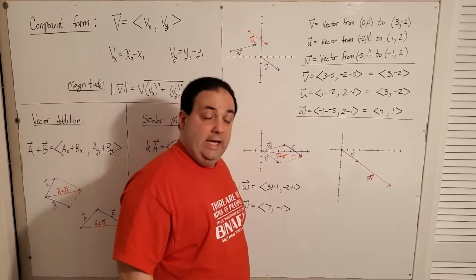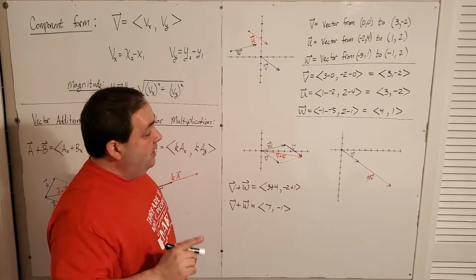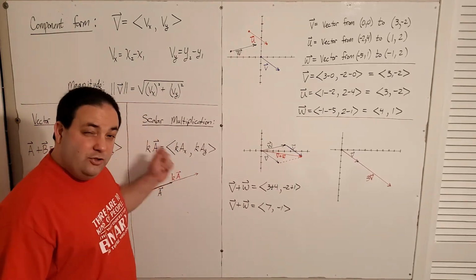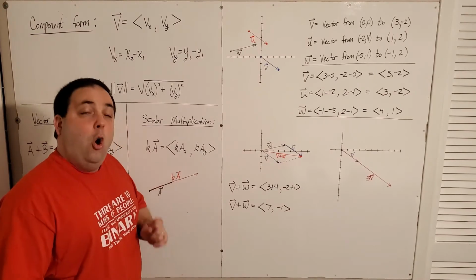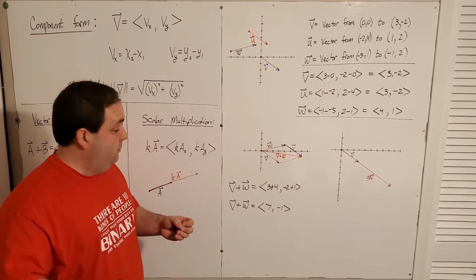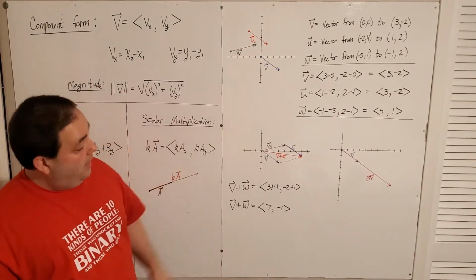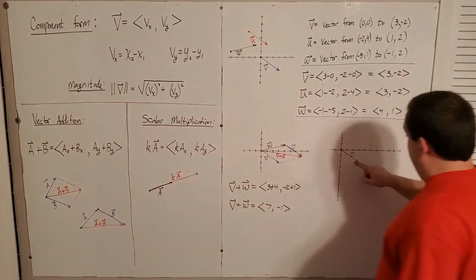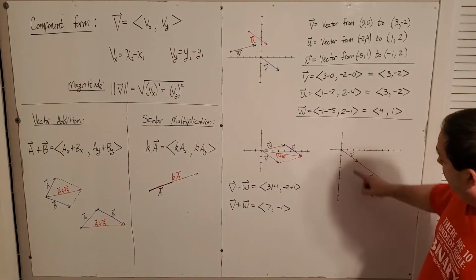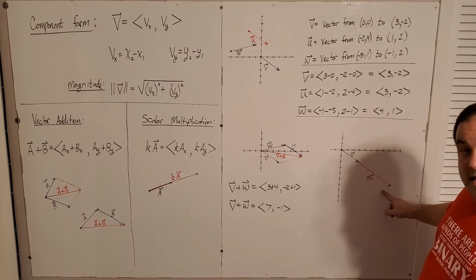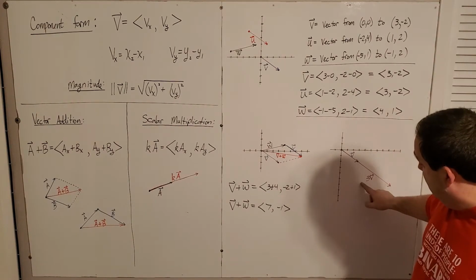Scalar multiplication, again, emphasize, scalar multiplication cannot change the direction of a vector, only its length, its magnitude. Okay? So here's what happens here as an example. Here's vector v. I'm going to calculate the scalar multiplication of 3 with vector v.